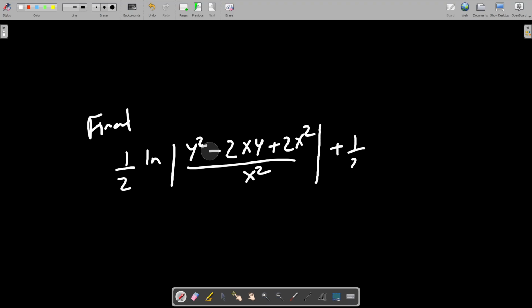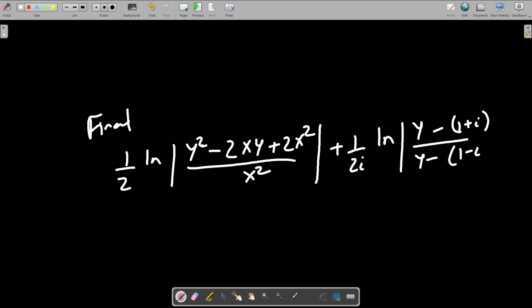Okay, so 1 upon 2i ln of y plus y minus, if I'm not wrong, both places minus. Okay, that thing 1 plus i, let me just check this out, wait. Let me just check this if I've written it correctly.